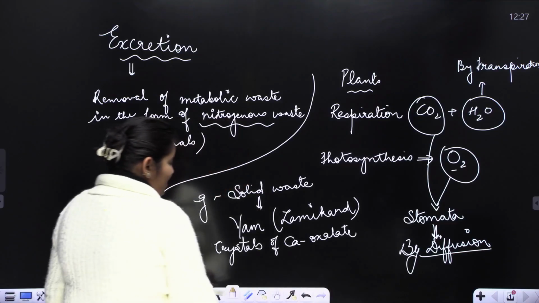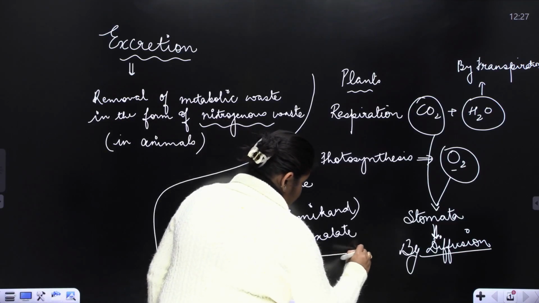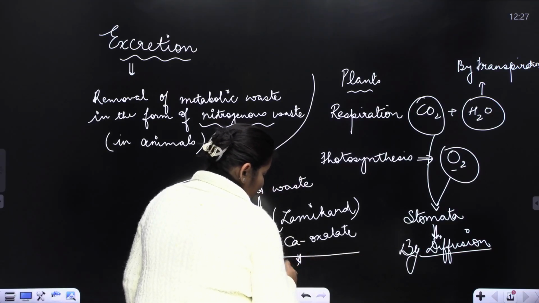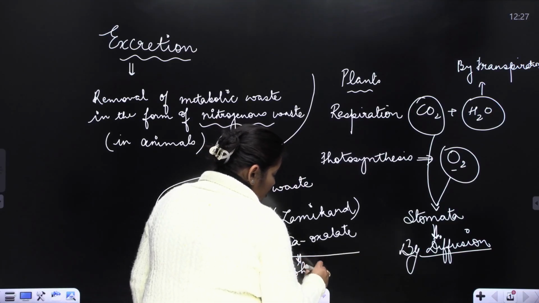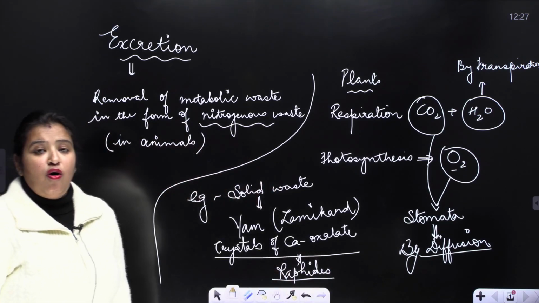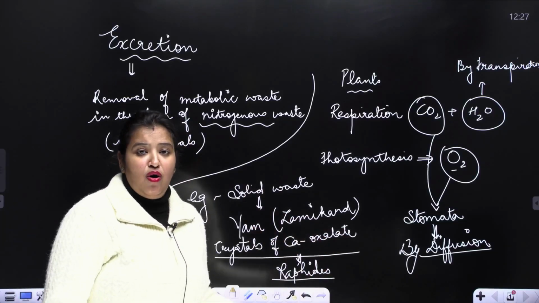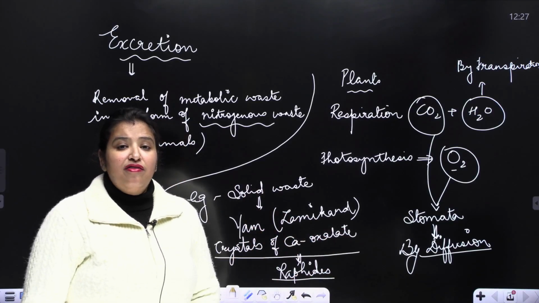All right. And these crystals of calcium oxalate are known as raphides. So solid wastes are removed by the plant body in the form of deposition, and these are usually the crystals of calcium oxalate, which are known as raphides.